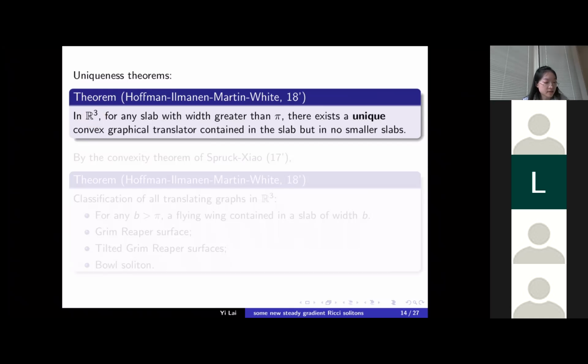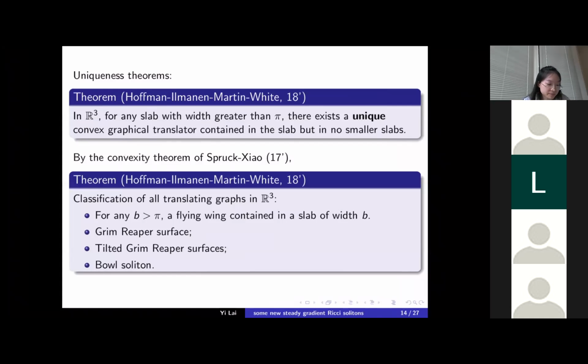Okay, and so now we know, by this convexity theorem of Spruck and Xiao, that any translator contained in R3 is actually convex.